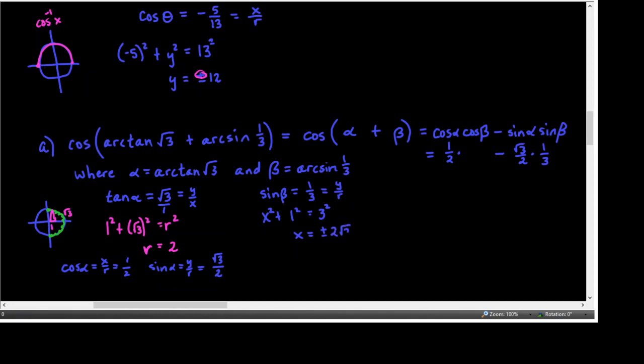And if you look at that circle way over to the left, the green part of it are the angles that we can use. What kind of number is x if we use something in the first or fourth quadrant? Well, x is positive. So that means that the cosine of beta is x, which we've determined is positive 2 square roots of 2, over r, which was 3.